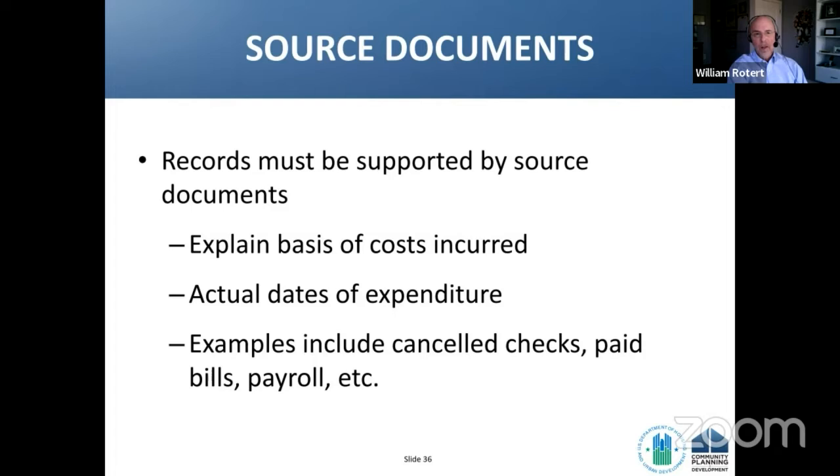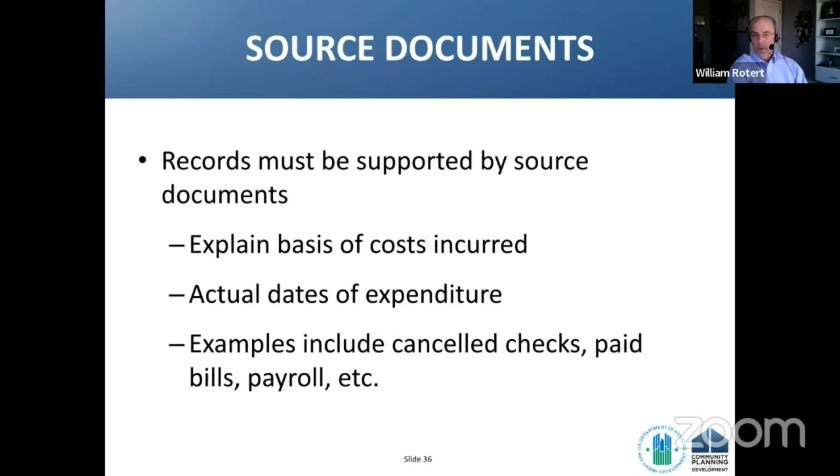So what are source documents? Records must be supported by source documents. And those documents must explain the basis of the costs incurred. We incurred those costs under the CDBG grant. They were eligible costs per 24 CFR 570 subpart C, and they met a national objective. That's basically that those costs were incurred. Explain the dates of the expenditure. So somebody has a record of when those expenditures are done.